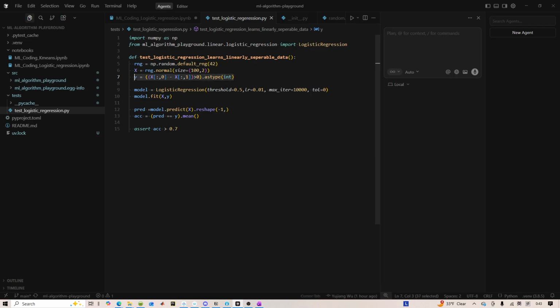I use this simple rule to make up the y, and then load the model again with tolerance equal to 0, fit the model, get the prediction, and make sure the accuracy is larger than 0.7. This test essentially checks that everything is okay. Our model after fitting should at least perform better than the random algorithm. If you just randomly guess true or false, you end up with 0.5, right? So your accuracy should be larger than 0.5.